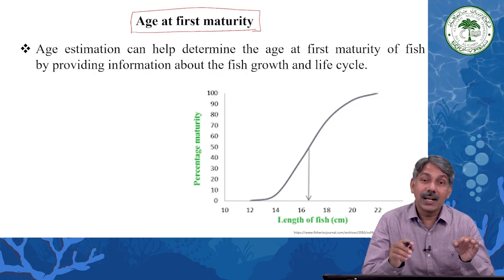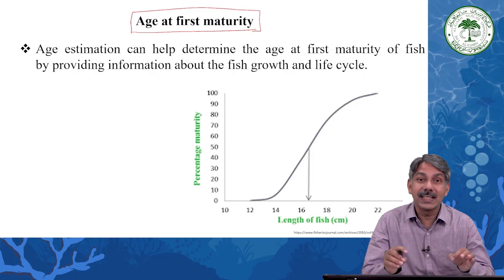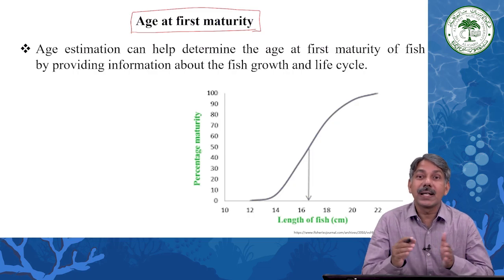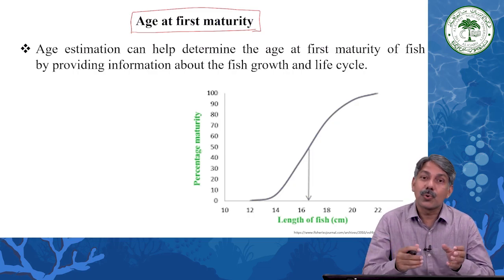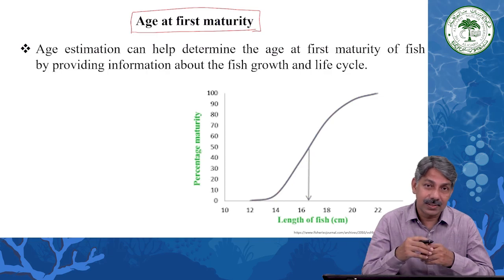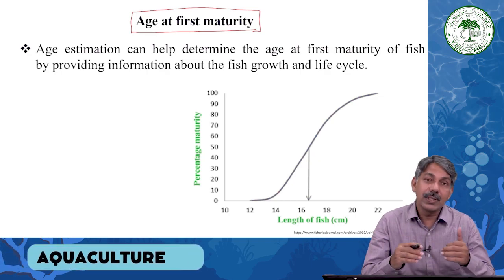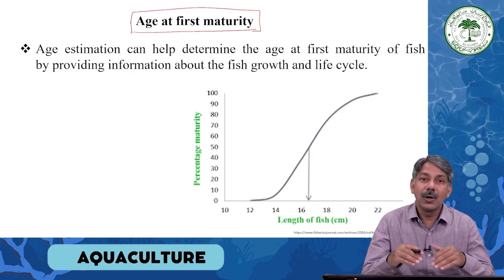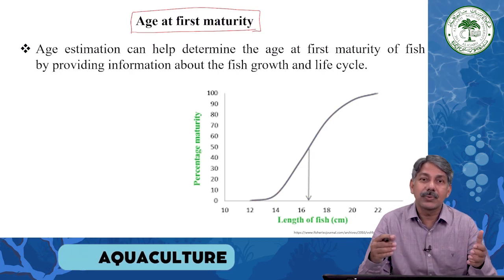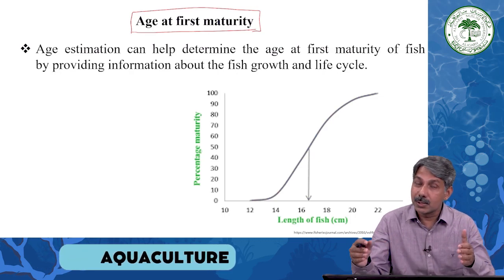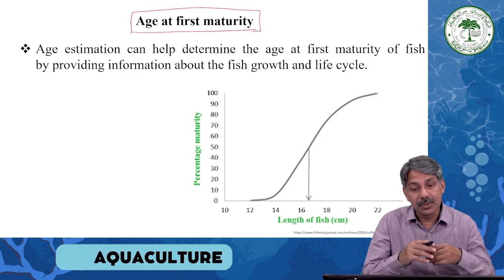That information is also very crucial. Why? Because that way you can assess what could be the recruitment in terms of total number of fertilized eggs, total number of eggs, how many eggs will be produced. So that way you can have a better idea of how the population dynamics of that region of a candidate species is going to change.